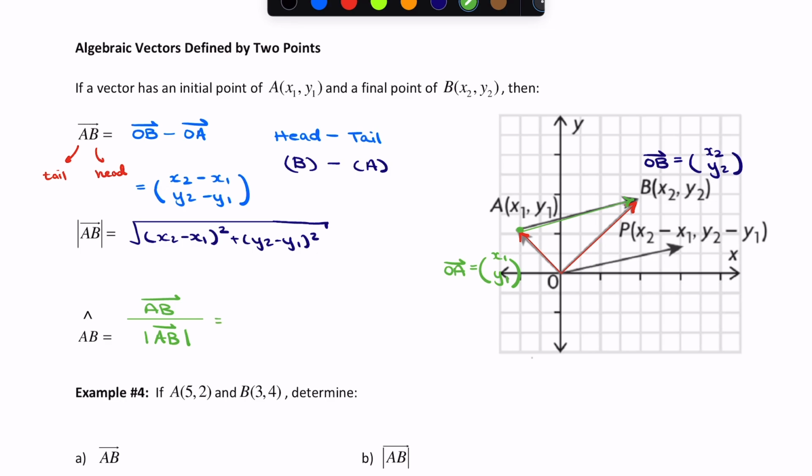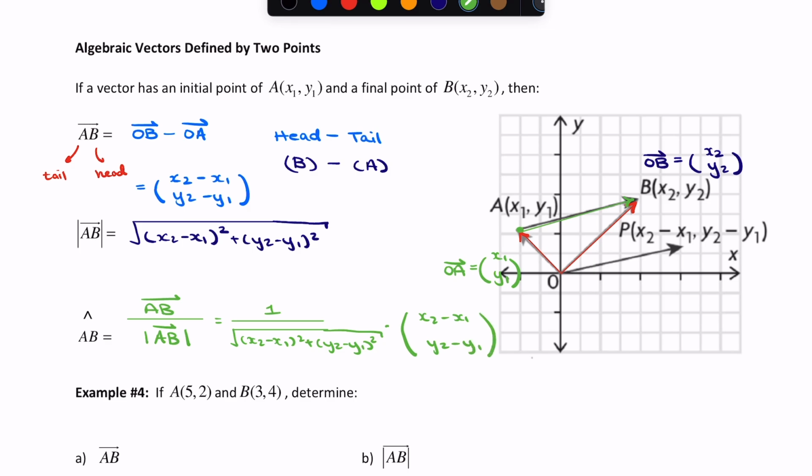Here, we can write that as 1 over the square root of x2 minus x1 squared plus y2 minus y1 squared, times x2 minus x1 over y2 minus y1.